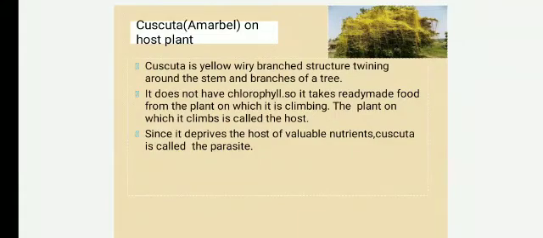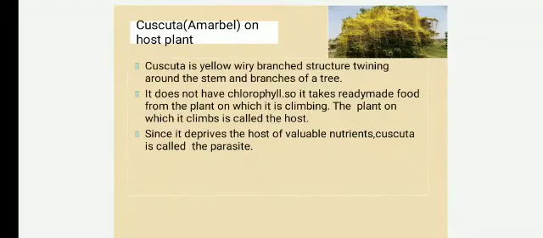The plant on which it climbs is called the host. And since it takes every food needed for its growth from that host, it is called a parasite. Okay, one such example is Cuscuta.